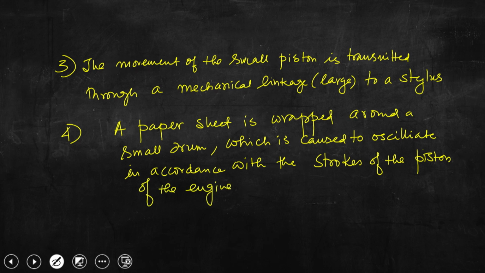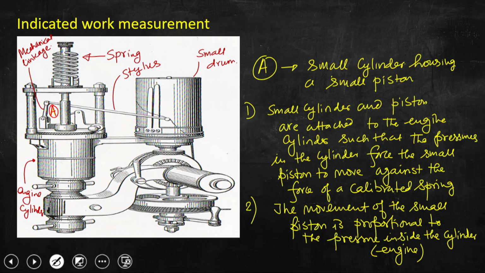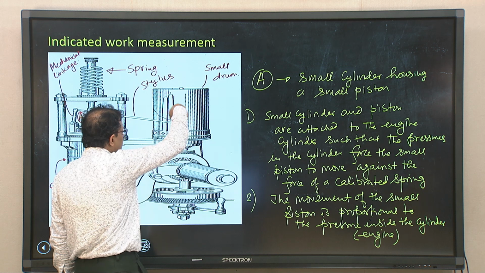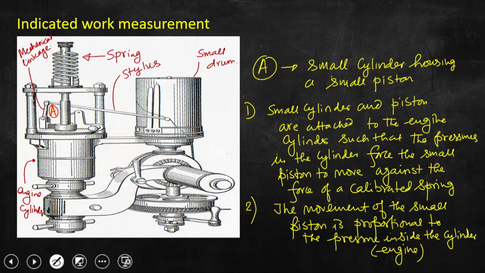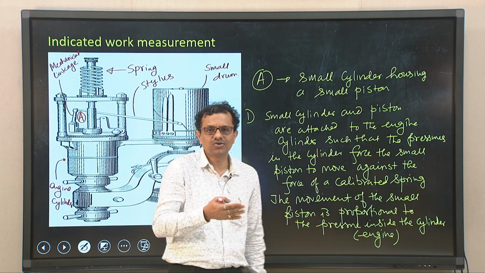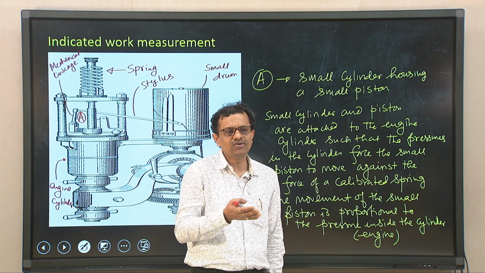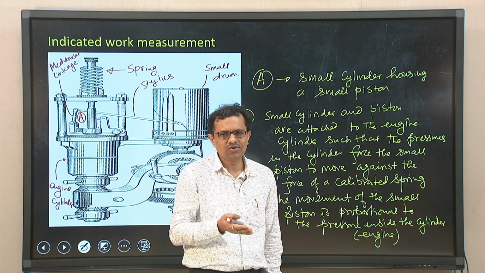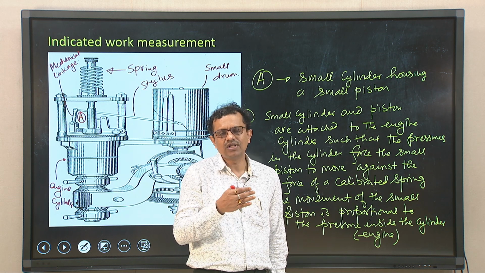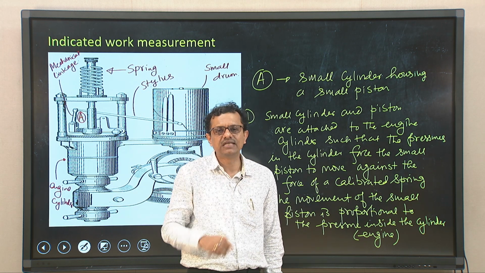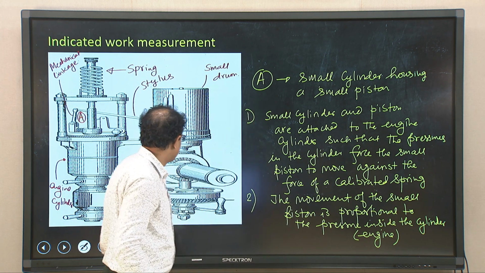If we go back to the previous slide again, a paper sheet is wrapped around the small drum and the small drum is designed to oscillate in tune with the strokes of the engine. So, whether it is the intake stroke, compression stroke, power stroke or exhaust stroke, in tune with all these strokes the small drum will oscillate, that is how it is designed.